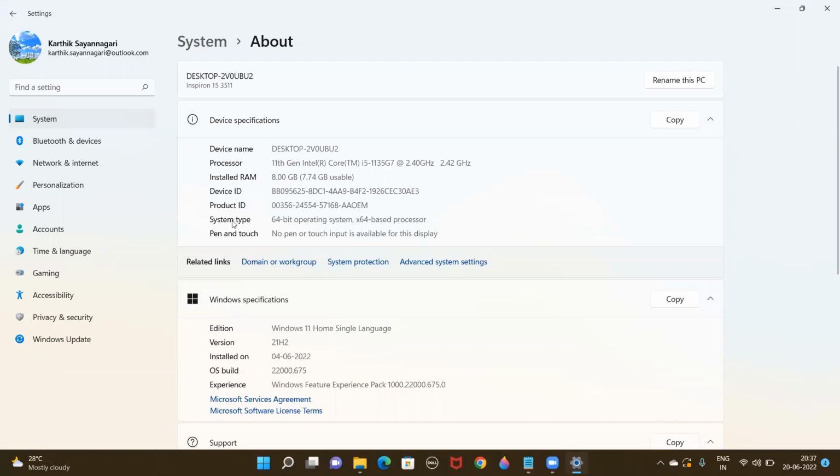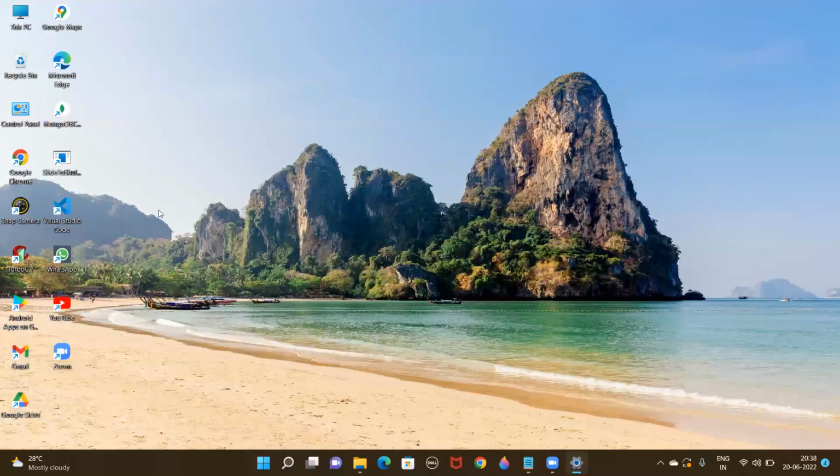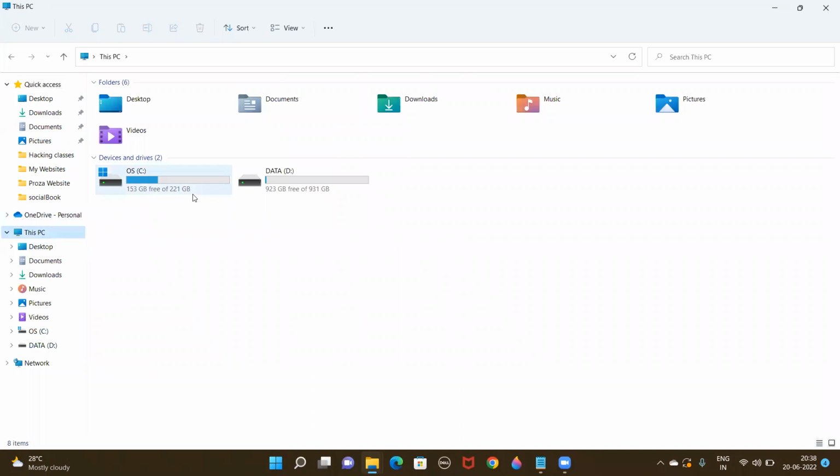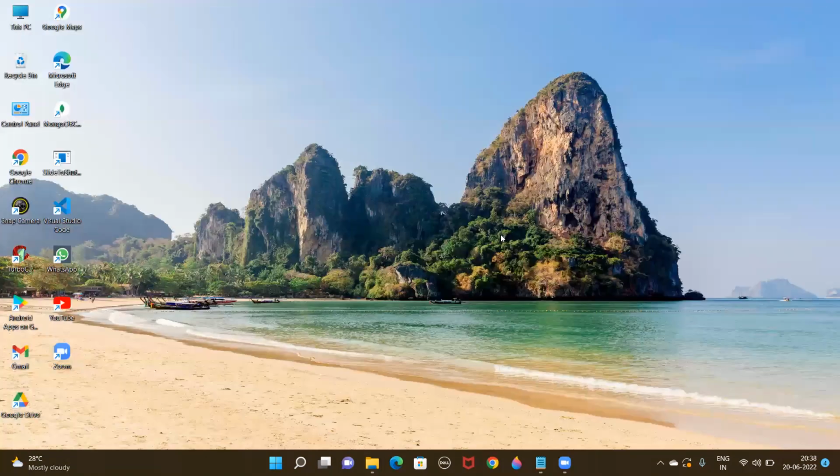This is my device ID, and this is my product ID, the Windows installation and activation key. When it comes to my storage, I have 221 GB of SSD and 1 TB of hard disk drive.